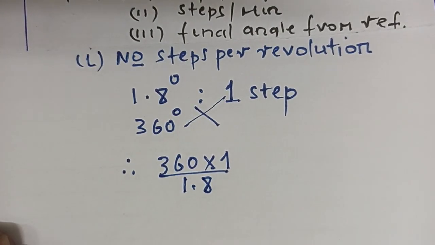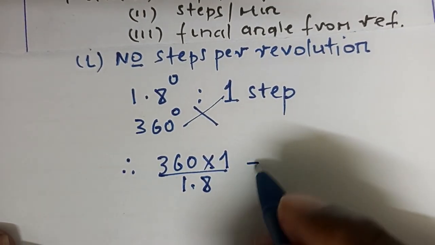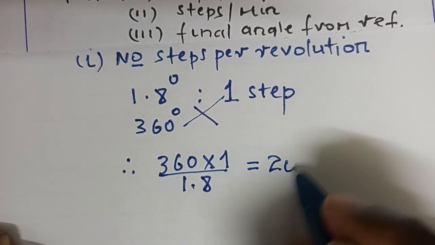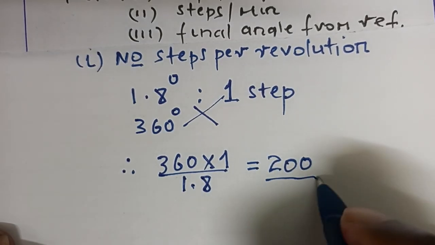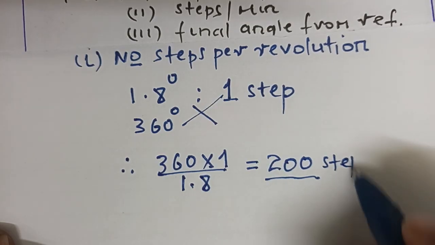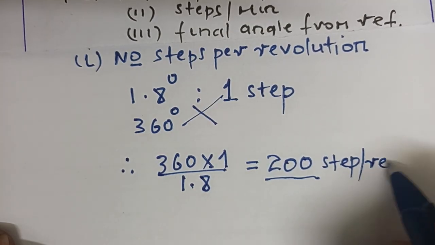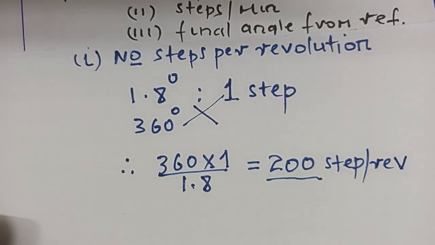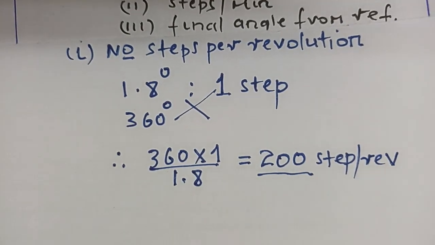From calculation, this comes to 200. And so we have 200 steps per revolution. So that is our solution for part one.